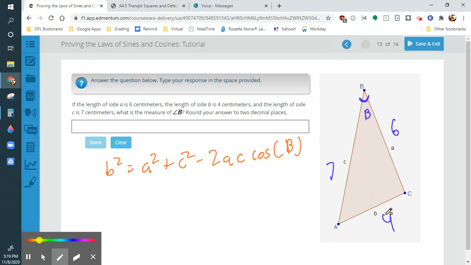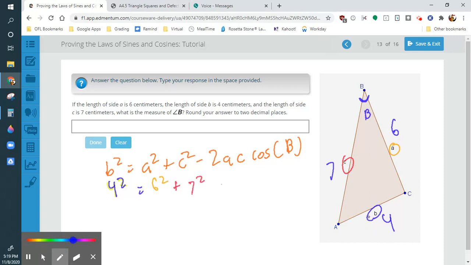Well, little b is 4. So I do 4 squared equals, and then I'm going to do my little a. Little a is this. So I'm going to do 6 squared. And then I want my c. So I'm going to do plus 7 squared.